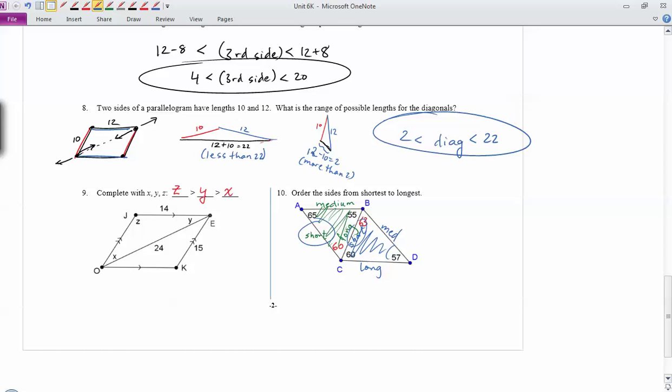So anything in the blue triangle that's bigger than BC has to be bigger than any green side. So the shortest side is going to be AC. And then we just work our way up. So AC is shorter than AB, which is shorter than BC.